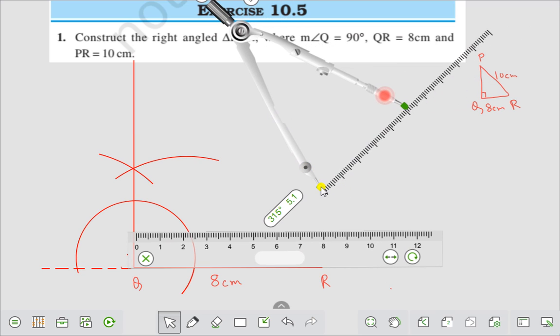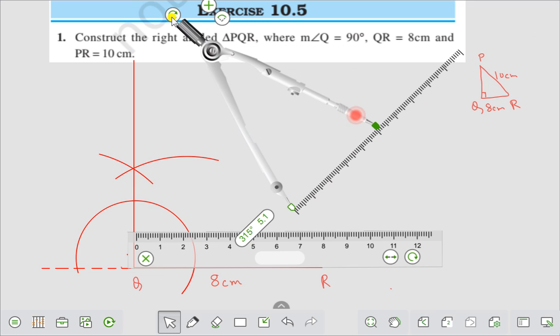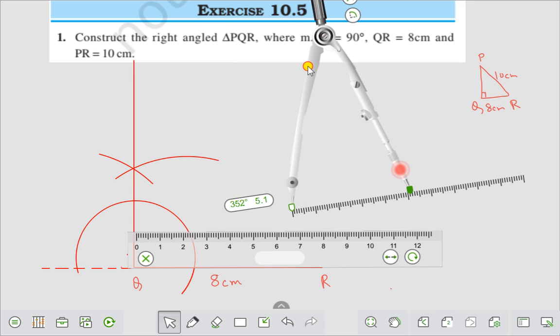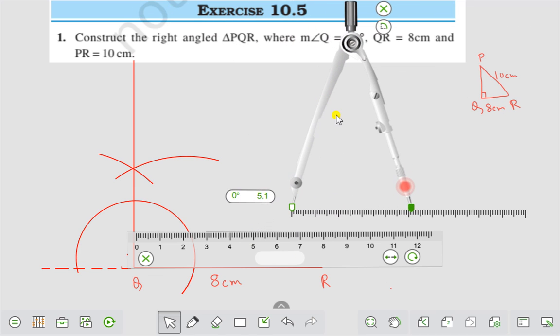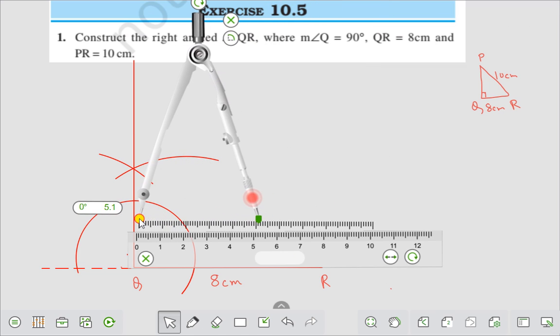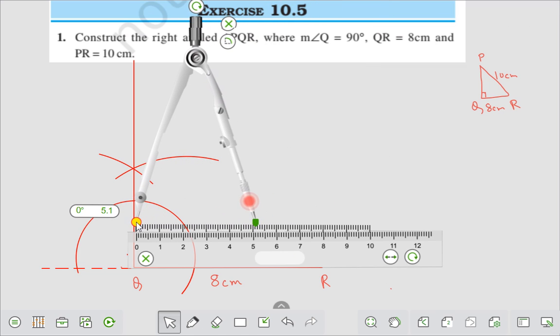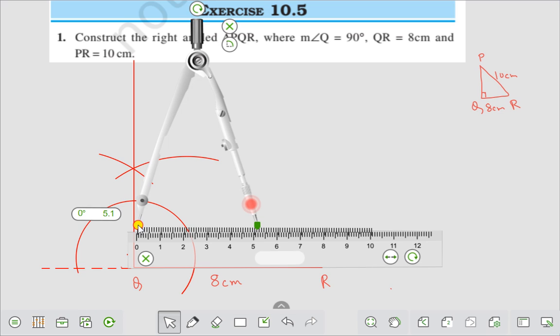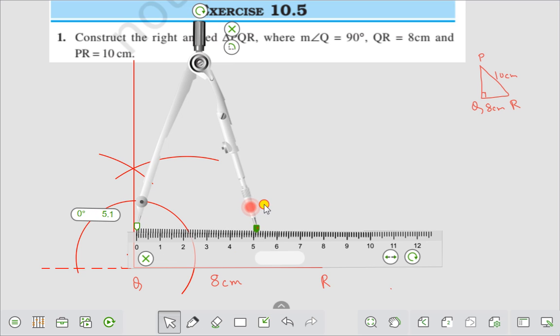Take this pointer at the 0 point and take 10 centimeters.